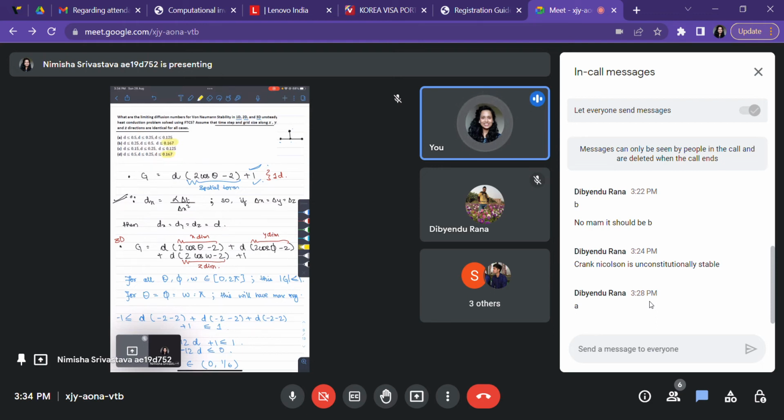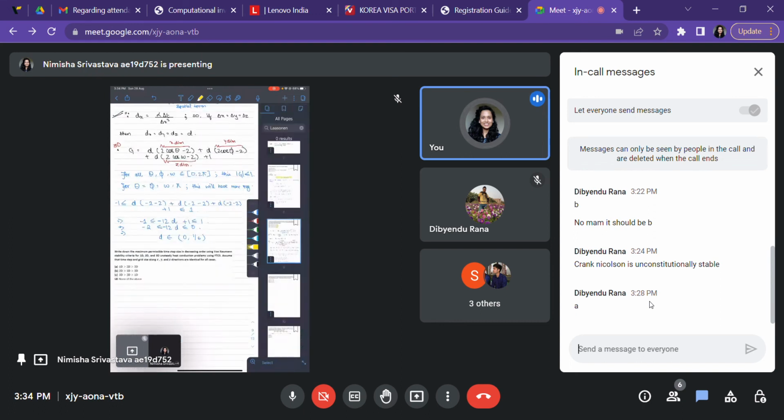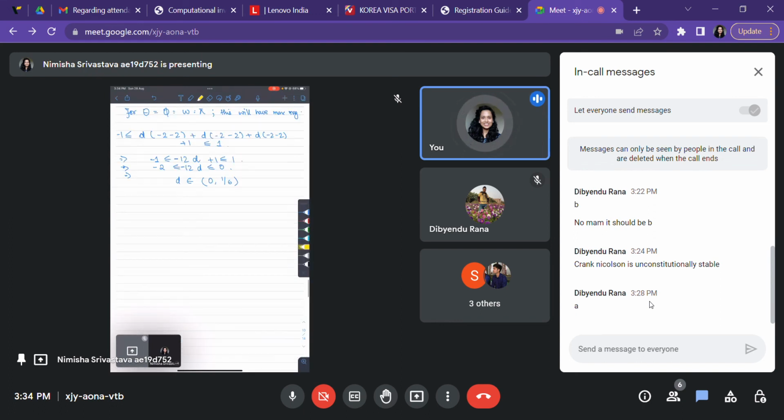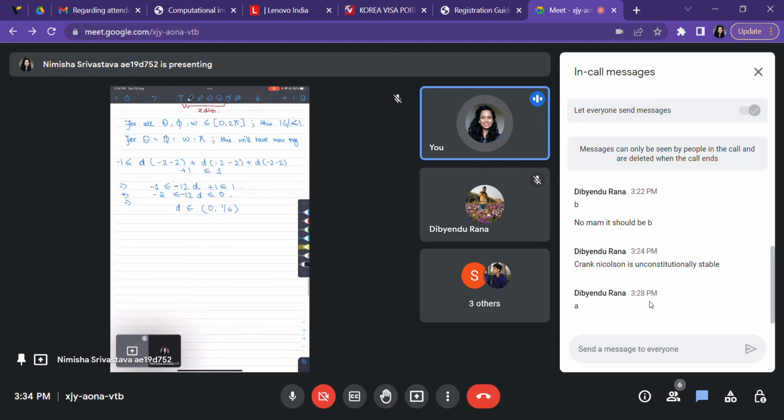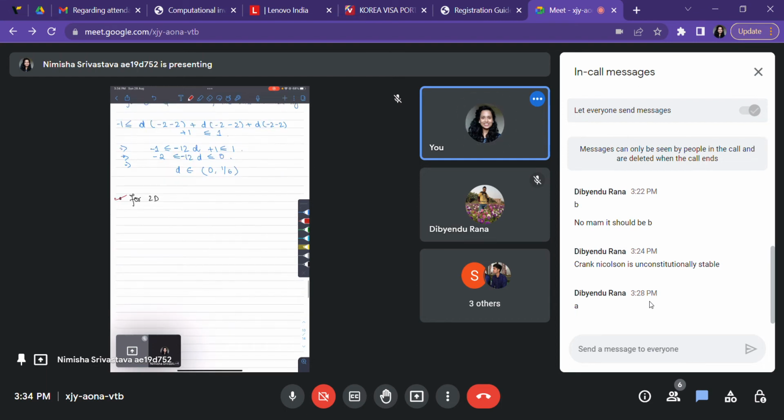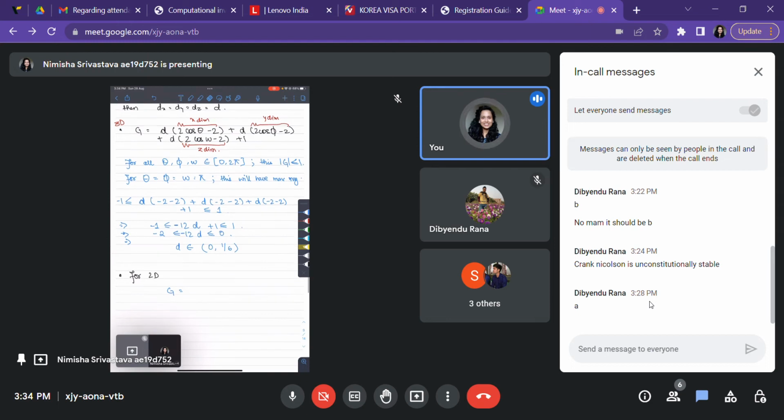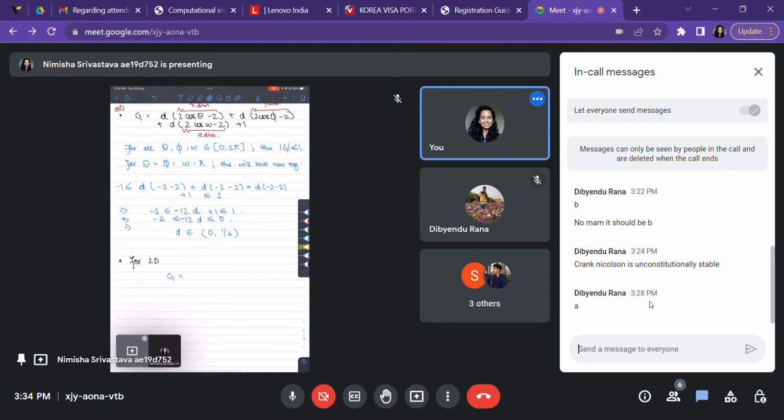Then similarly, if I continue the operation for the 2D one, since we already did the 2D, it's analogously easy. So for 2D, G would be equal to d into 2 cos theta minus 2, plus d into 2 cos phi minus 2, plus 1.